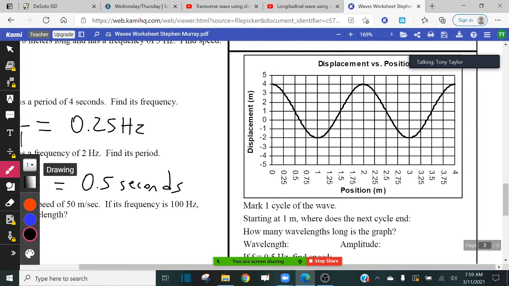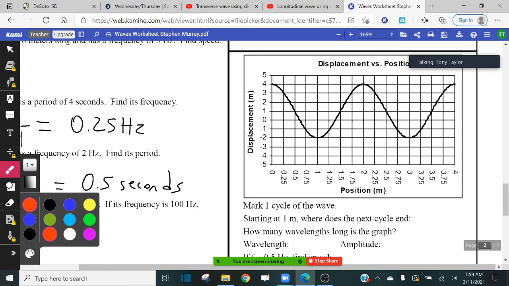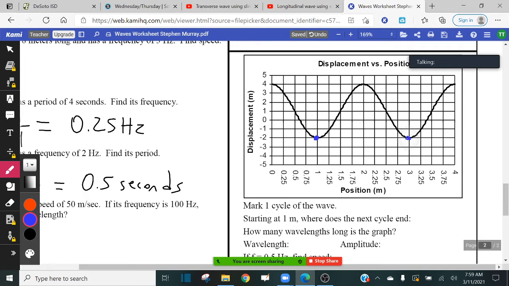If I was to start here at 1 meter, where would the next cycle end? When I go up and then come back to that point, the next cycle ends there. So starting at 1 meter, where does the next cycle end? It ends at 3 meters.